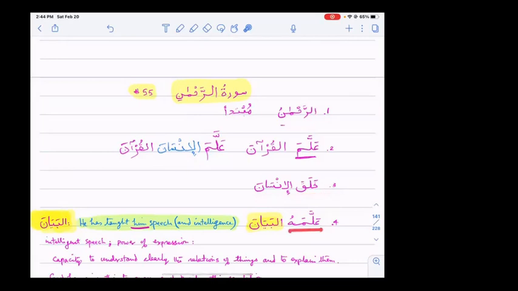Now look at the fourth one. Proper to mafulun. Allamahu. Where does this 'hu' go? It goes to insan. Allamahu al-bayana. This is your first mafulun bihi, and this is your second mafulun bihi.